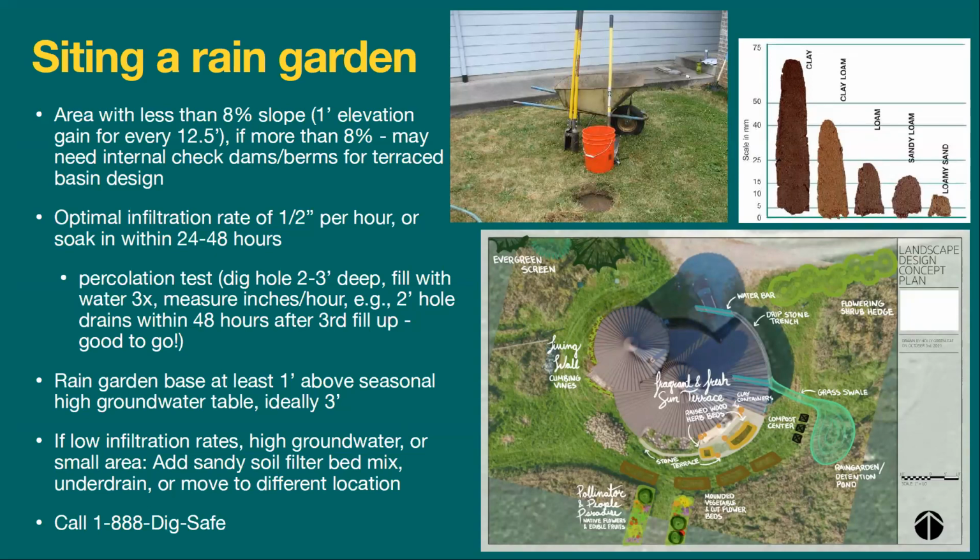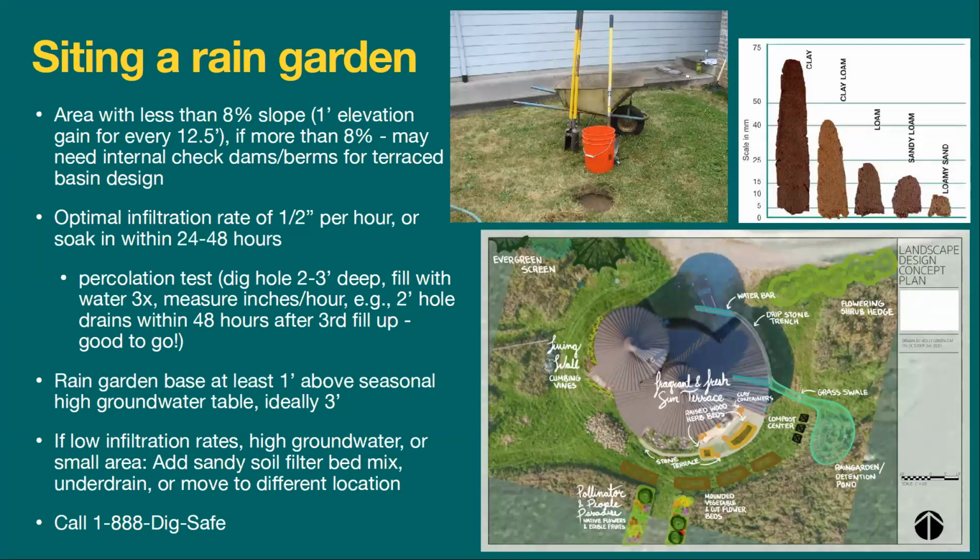And so you want to think about seasonal high groundwater tables. You don't want to be so low in the landscape that you're too close to the high groundwater table. Basically you don't want water coming up from the groundwater and filling up your rain garden. Ideally, you want to be higher up in the elevation than that.